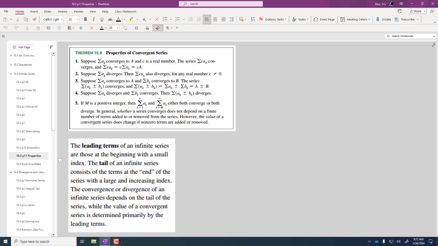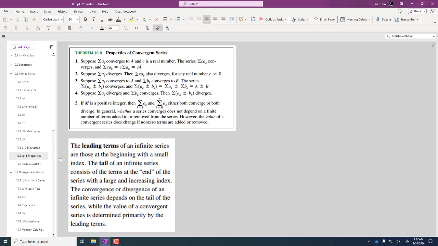All they're saying is that the tail of the series has to do the same thing that the entire series does. In other words, if you chop off a finite number of leading terms, it has nothing to do with convergence or divergence. If you throw away the first million terms in your series, the tail is still going to either converge or diverge. It's going to do the same thing that the whole series did, but it will go to a different number.